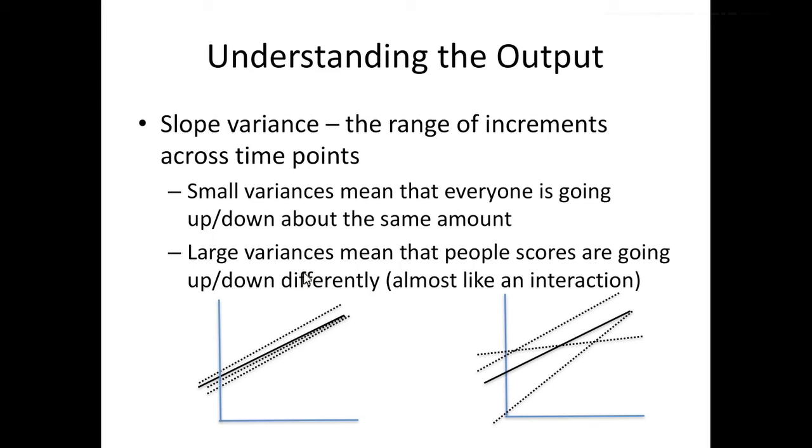So if you had another variable that you thought explained that effect, where lots of people have this flat slope and then lots of people have a steeper slope, that's a good clue that you've missed a variable that interacts with time. And so it's not just the fact that you've measured it 3 times, it's also this other variable that is affecting how they change over time. So maybe sometimes this latent curve or latent growth model shows you that you're missing something. Now knowing what that is may or may not be easy.